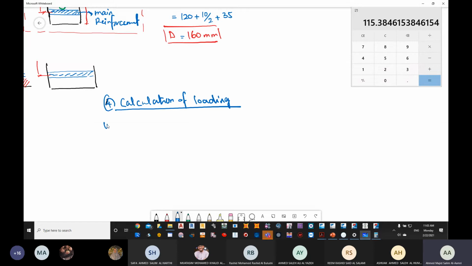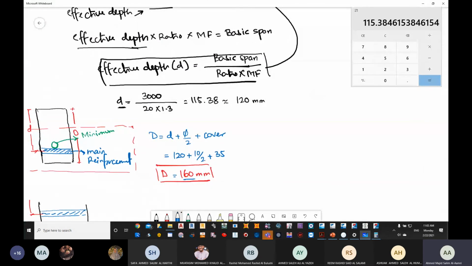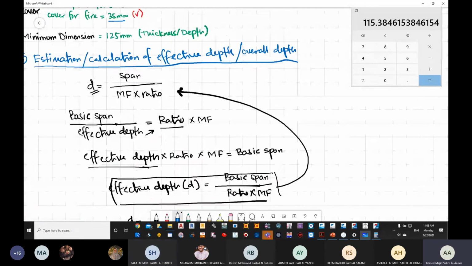So now we have W. W is equal to 1.4 into dead load plus 1.6 into live load. Now for the 1.4, we said dead load consists of the self weight, and we said the self weight is 24, so 24 multiplied by my depth, which is 160. Now the first thing that you need to do before multiplying: how much is the minimum thickness we said?